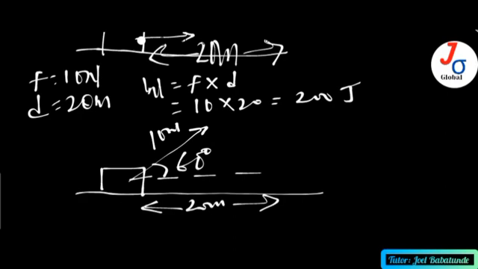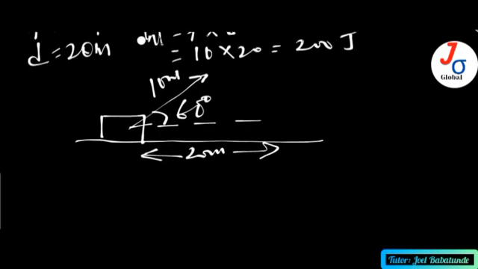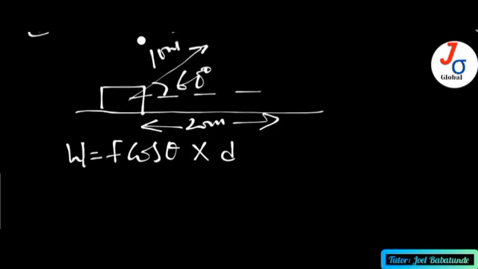Remember that in the previous video we gave a formula for this kind of case. We said that the work done is F cos theta multiplied by D. So work done equals 10 multiplied by cos 30 degrees multiplied by 20.